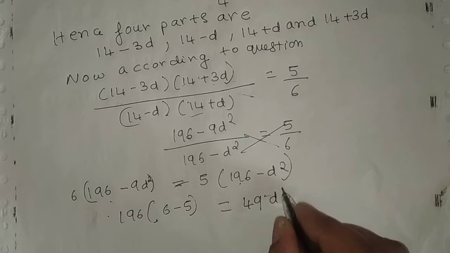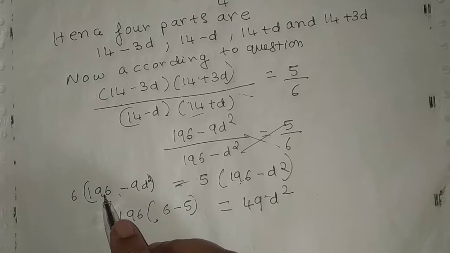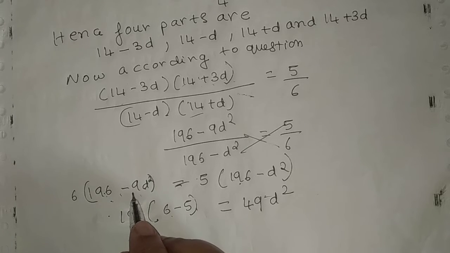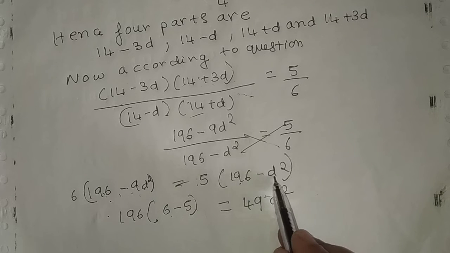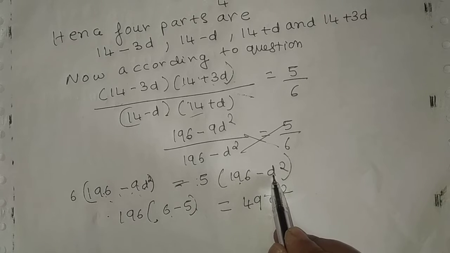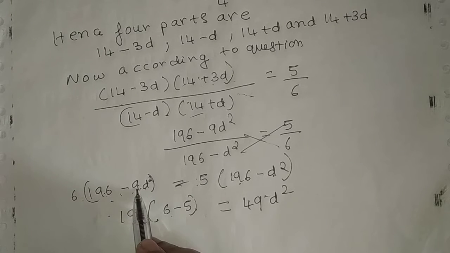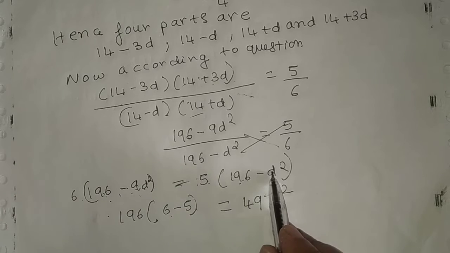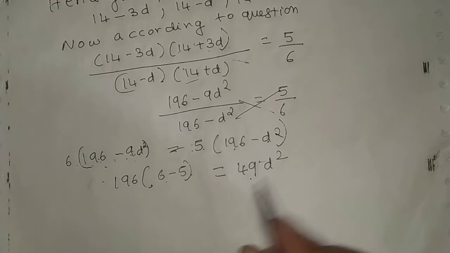So 49, but 196 can be written as this. This is common, take this from here. Then 6 into 9, and 5 into d. Then simplify, we get 49d square.